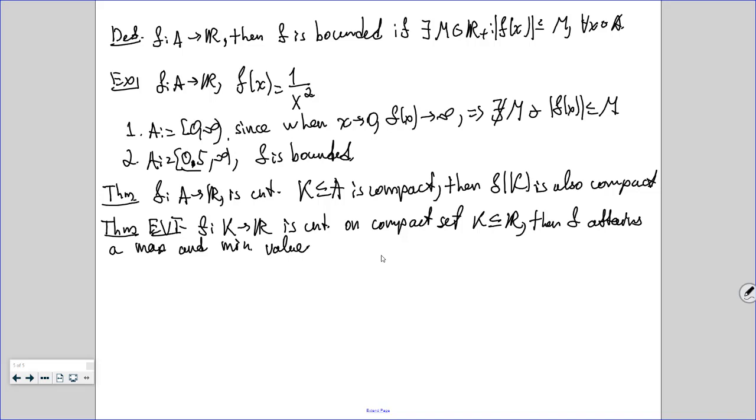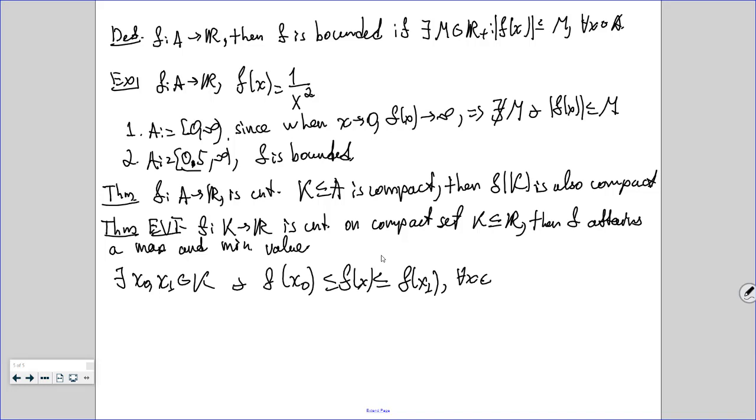That is, if we have a function over a compact set, then the maximum and minimum always exist. In other words, we can always find x0, x1 in K such that f(x0) is less than or equal to f(x) less than or equal to f(x1) for all x in K. This is a very important and useful theorem. You will use this theorem all over your PhD course.